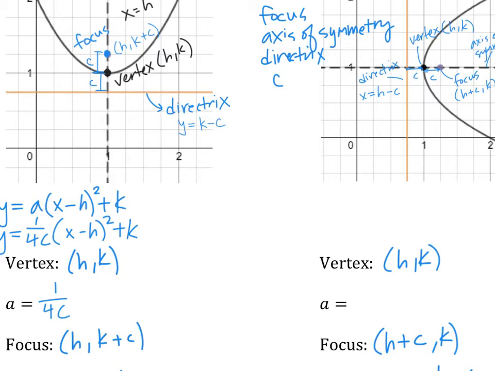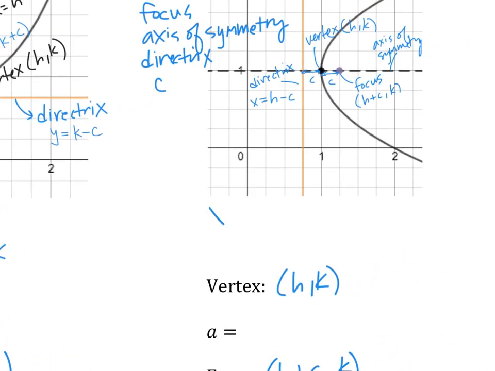Now, because it's left and right, all of my x, y switches, all of my h, k switches. So it's going to start with x. X is equal to 1 over 4c times. What do you think is going to come first?